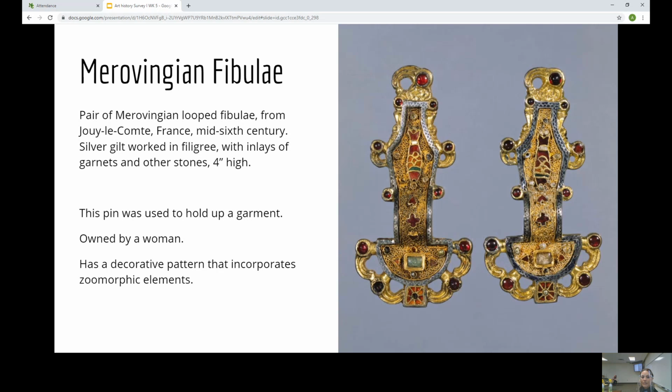Now, the interesting thing on this is the decorative pattern. Besides the fact that there's a lot of filigree going on here, which is a common theme with Hiberno-Saxon art, that ornate filigree, it also has zoomorphic forms. That is another common theme with Hiberno-Saxon art, that zoomorphic form. Now, does anyone know what zoomorphic means?